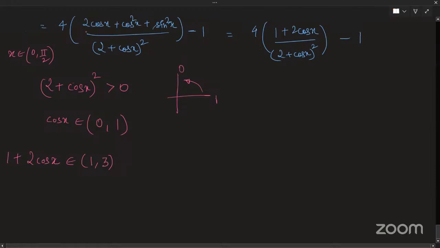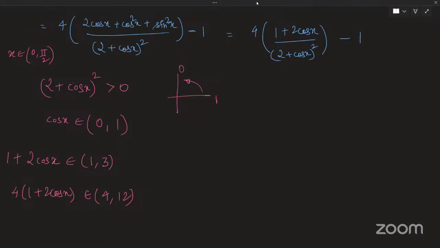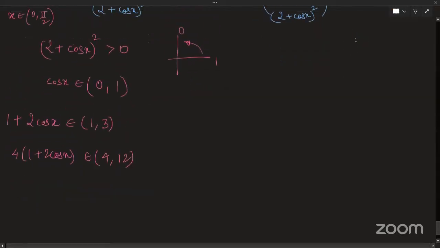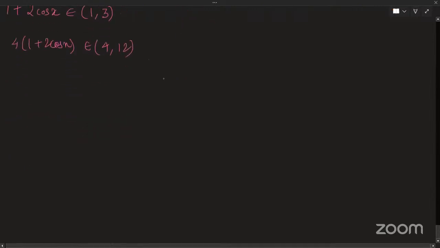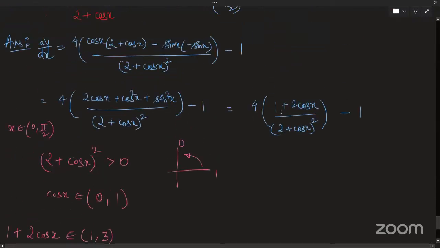Into 4, because it is 4 times (1 plus 2 cos x), it will be between 4 and 12. All of you agree? And then you have got a minus 1 on this side. So obviously I can directly say that my dy by dx will always be a positive value.